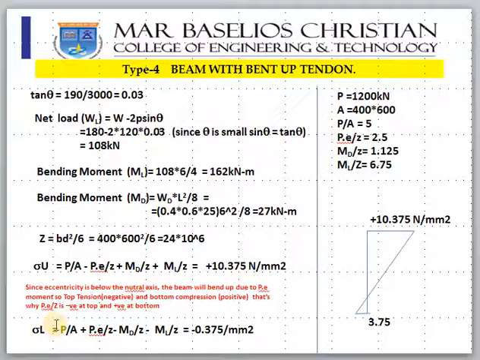Similarly, sigma L is P by A plus PE by Z minus MD by Z minus ML by Z. Since the eccentricity is below the neutral axis, the beam will bend up due to the PE moment. So top tension, negative, and bottom compression, positive. That is the reason negative comes here. So the final values of stresses will be plus 3.75 at top and minus 3.75 at bottom.